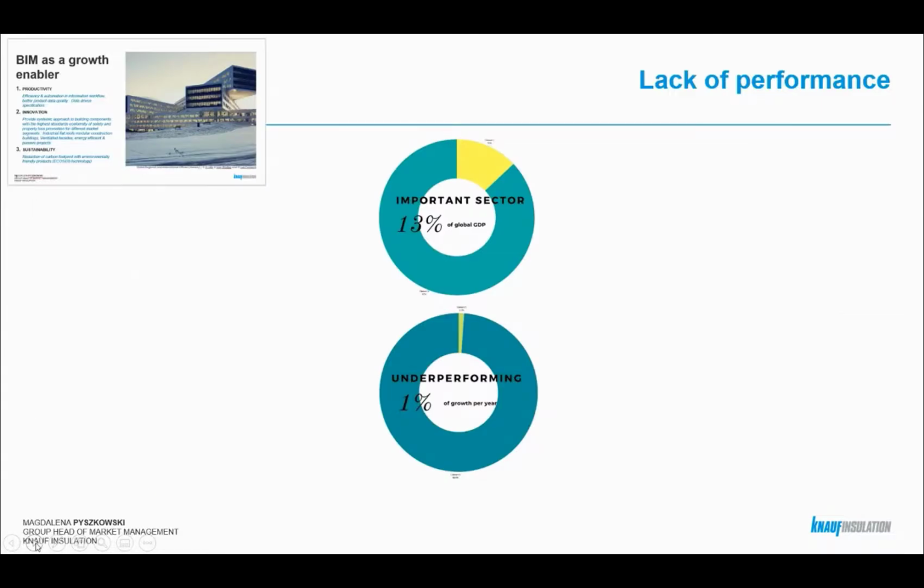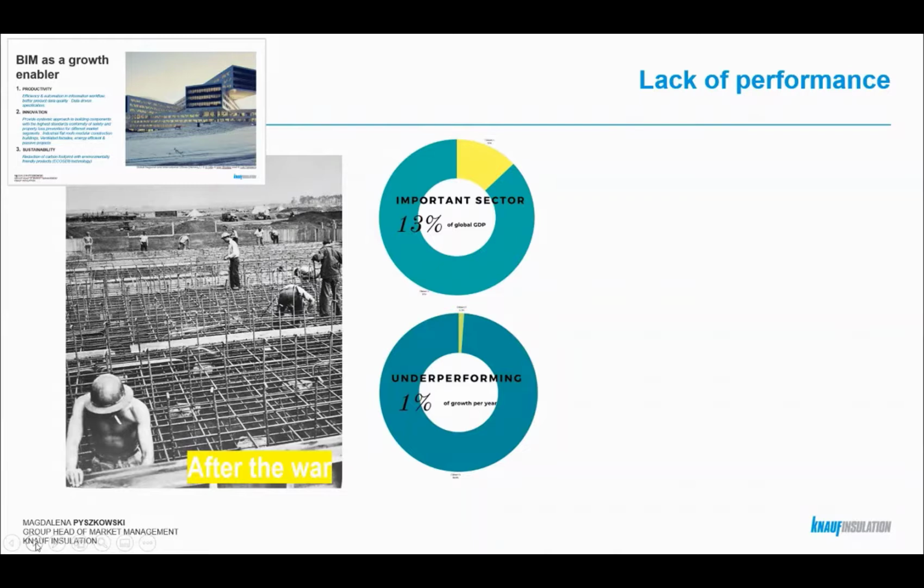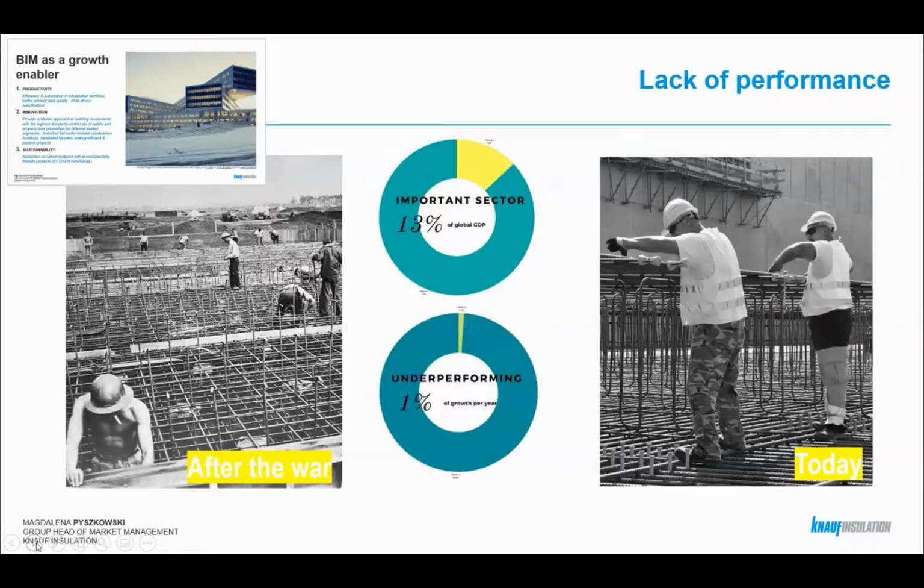But what we also see, from the other side, is that the construction sector is still really underperforming. When we look at the methods we are using in construction, there have not been too many changes since the Second World War.